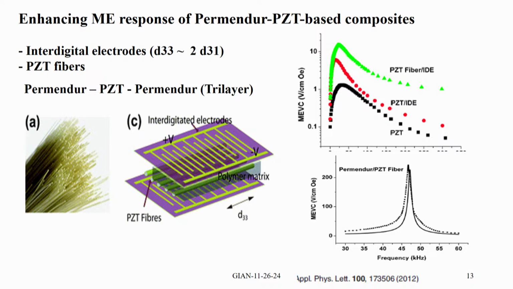So, some of these are used in energy harvesting applications, but not in sensors, because the fibers with IDE are too long to use for sensor application. The dimension is the problem. Okay. But they could be used for energy harvesting related applications.